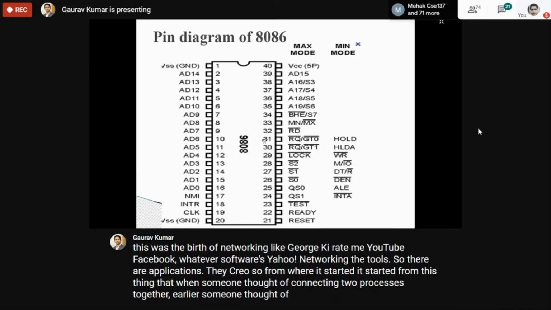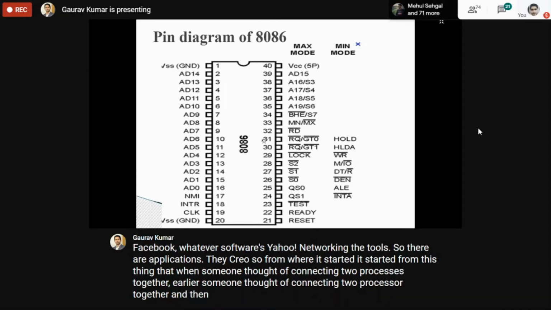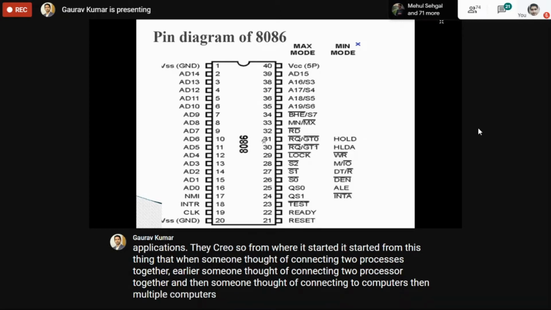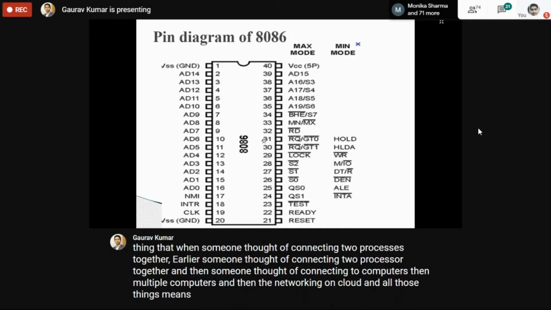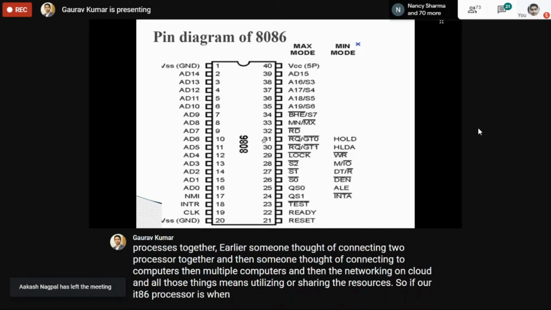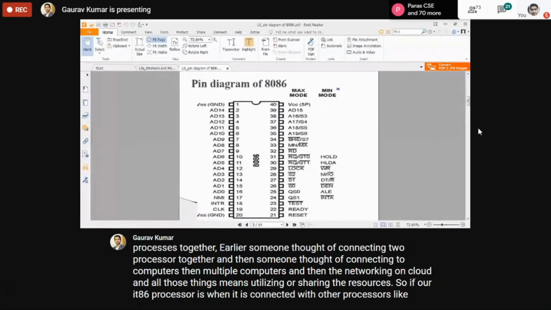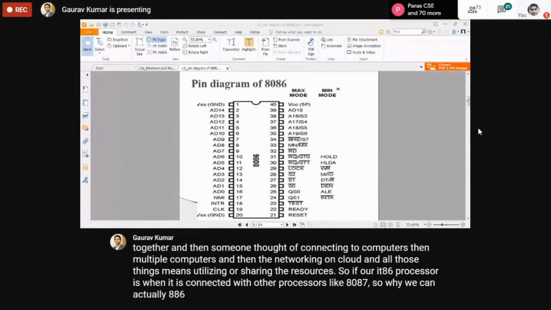So, if an 8086 processor is connected with other processors like 8087, why did we connect 8086 with 8087? I told you that 8087 is a dedicated chip which was able to perform complex mathematical operations, and let us say there is another chip, 8089, which was used for increasing more inputs and outputs in the system.